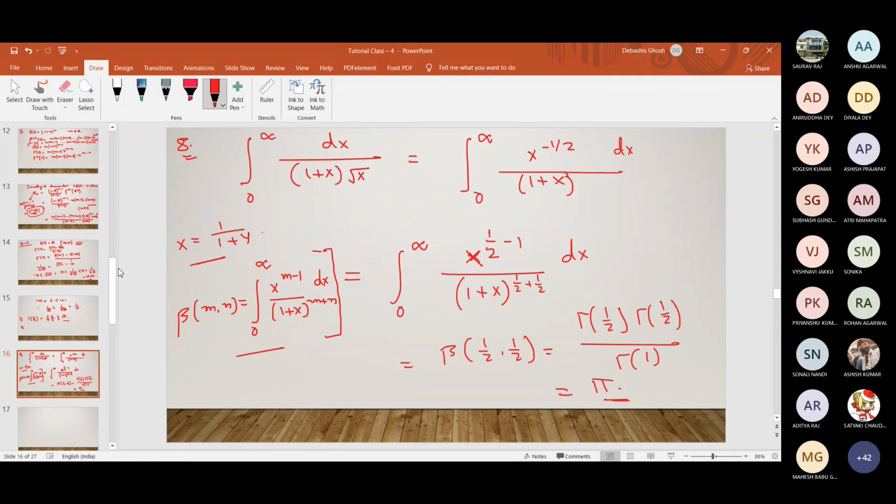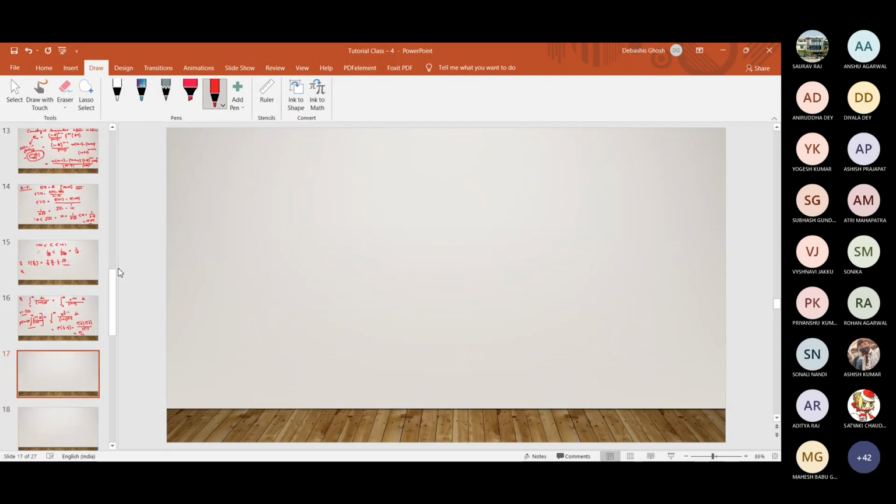No, I'm saying that if you are taking the function x to the power mu, that means root x, x to the power half times f of x, as x tends to infinity. So x to the power half, this comes to limit x tends to infinity, you have 1 by 1 plus x.